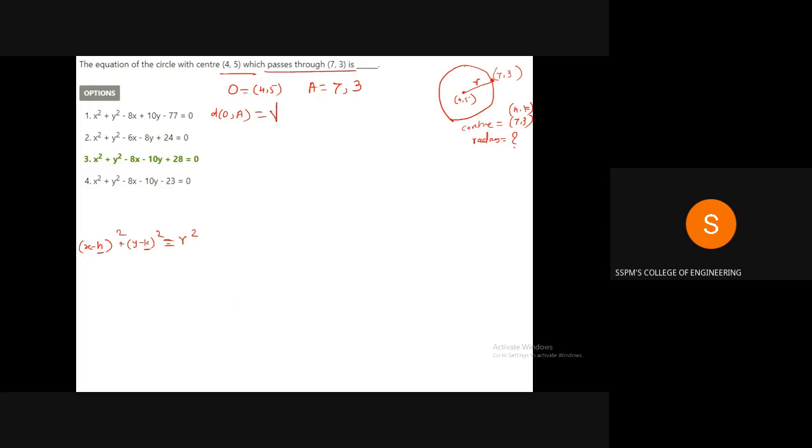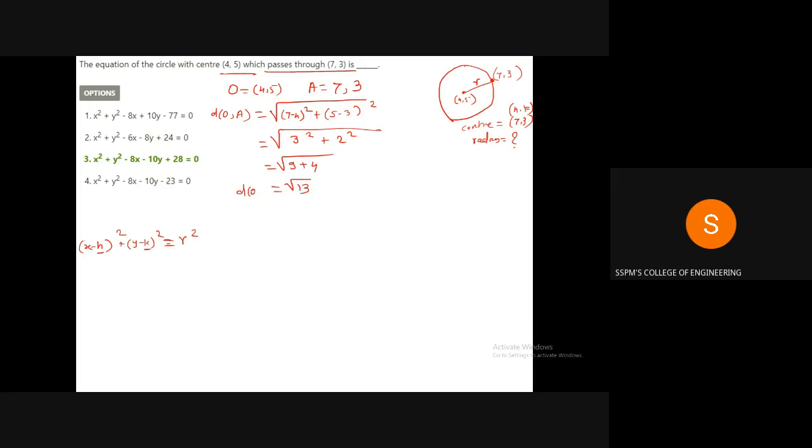We will use the distance formula: the difference between x coordinates, that is 7 minus 4 square, plus the square of the difference between y coordinates, that is 3 minus 5, or you can write 5 minus 3 square. So the root of 7 minus 4 square, it is 3 square, plus 5 minus 3 square, it is 2 square, that is root of 9 plus 4, that is equal to root of 13.